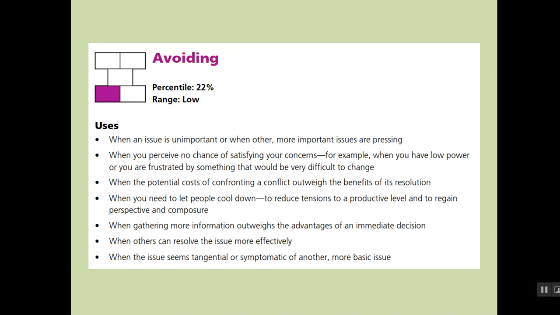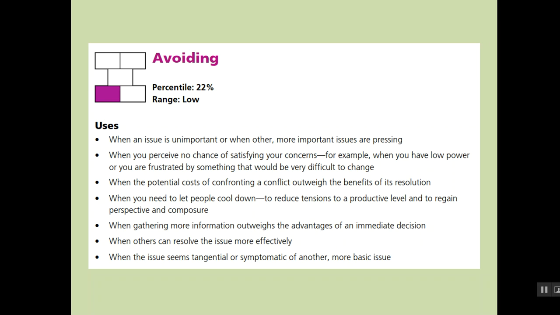The fourth one is avoiding, and the percentile is only 22 percent. The uses are when an issue is unimportant or when other, more important issues are pressing. When you perceive no chance of satisfying your concerns. When the potential cost of confronting a conflict outweighs the benefit of the resolution.